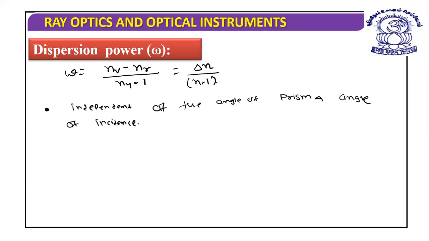It only depends on the material of the prism, that is, its refractive index. The dispersive power of a flint glass prism is greater than that of a crown glass prism because it depends on the refractive index.